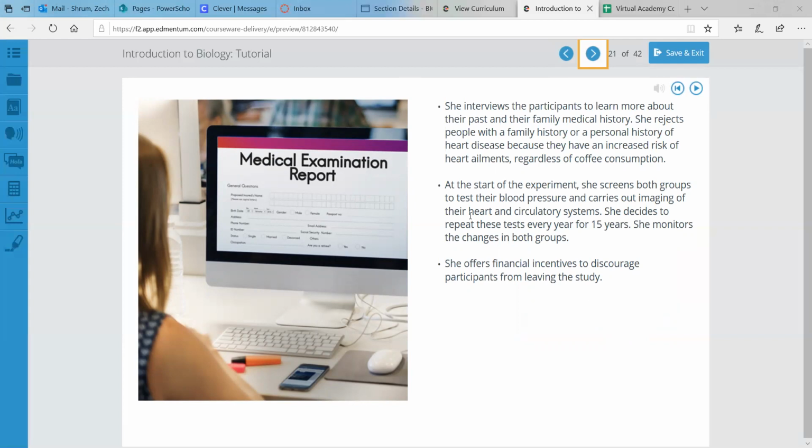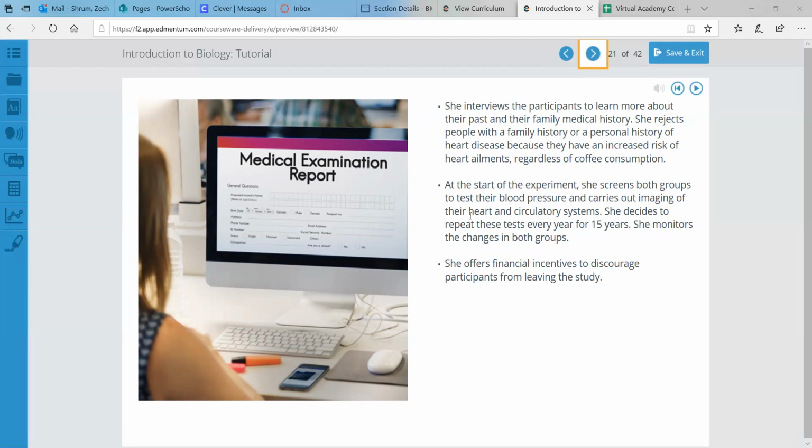So she interviews them before, talks about their past, their medical history, and if they have a history of heart disease outside of coffee consumption, she will not ask them to be in the experiment.